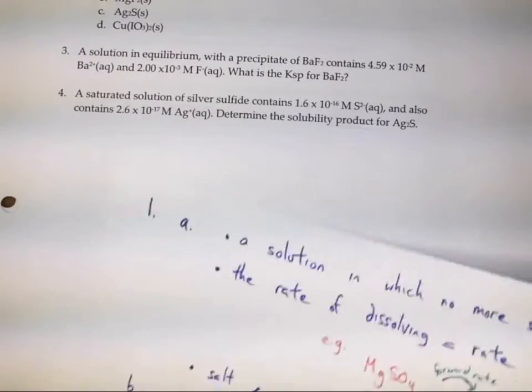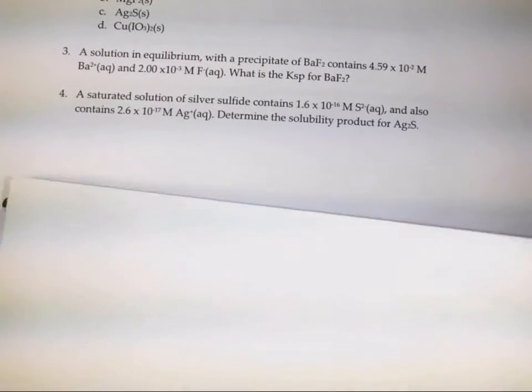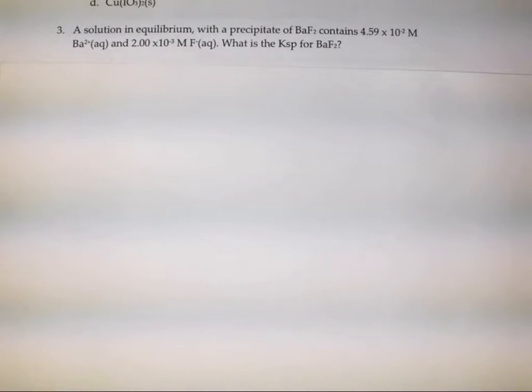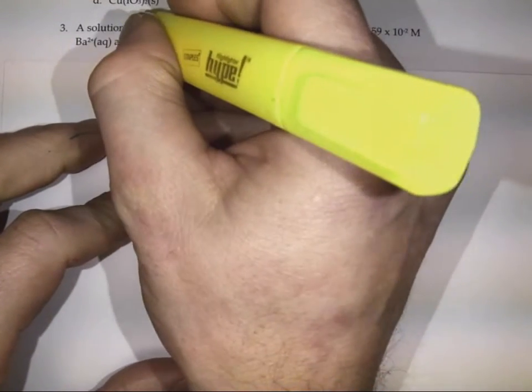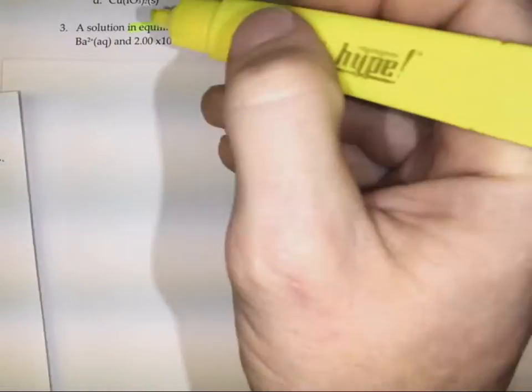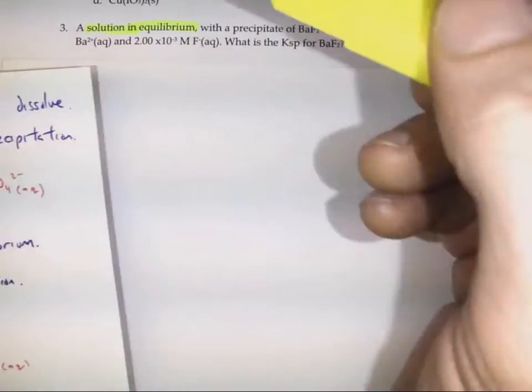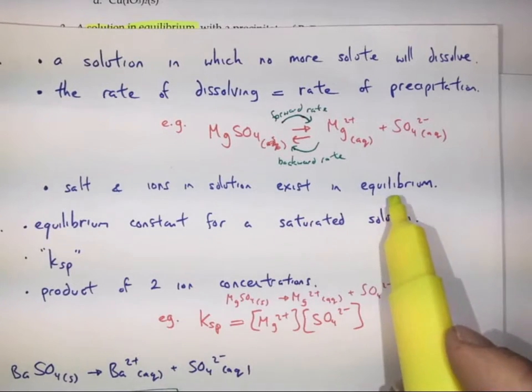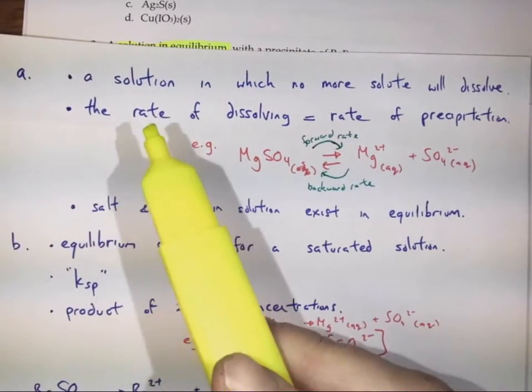All right, and so question 3 goes into a little bit more detail. Maybe this is a good time for a highlighter. We have a solution in equilibrium, and we remember that a solution in equilibrium is a saturated solution.